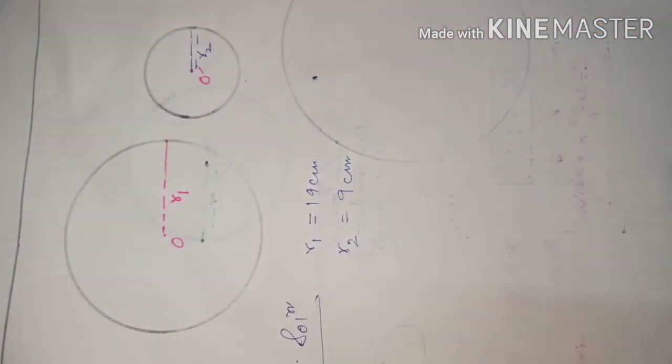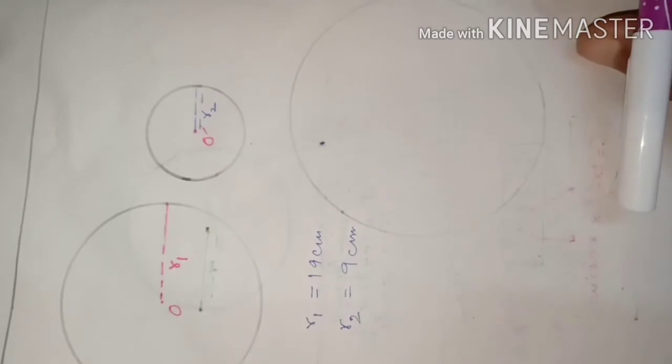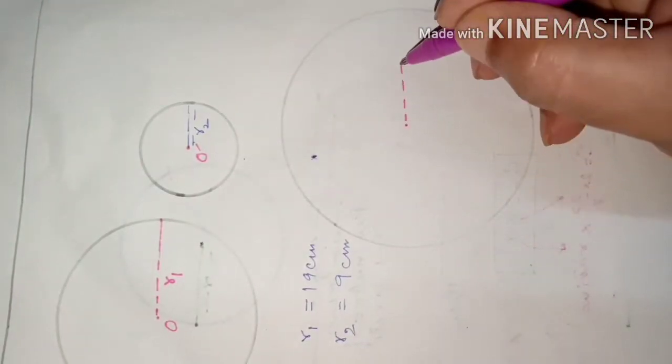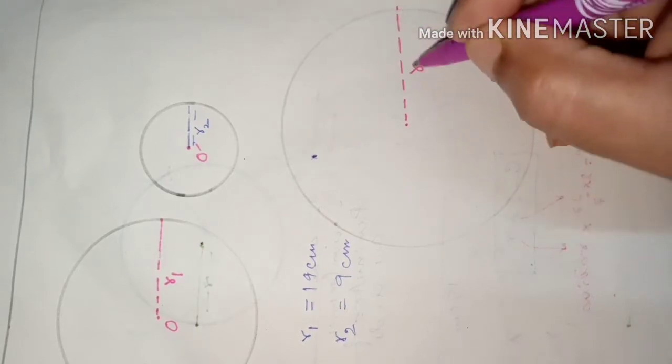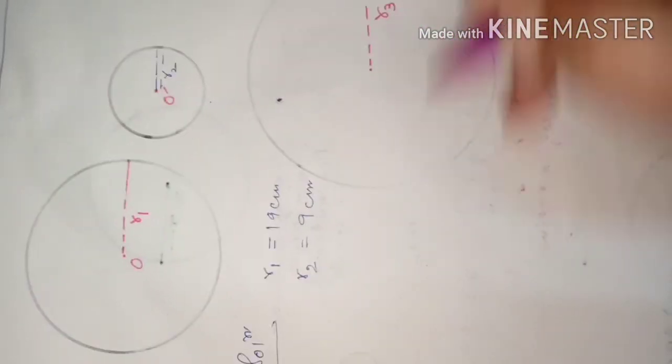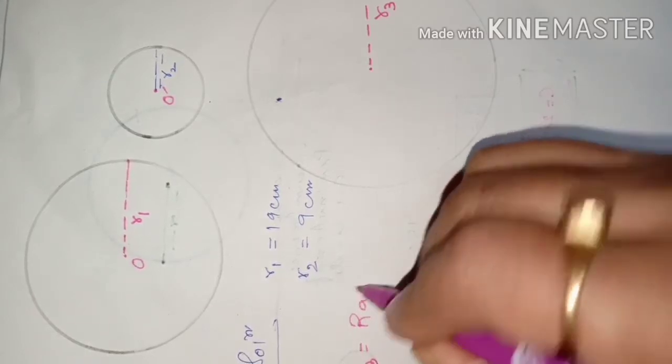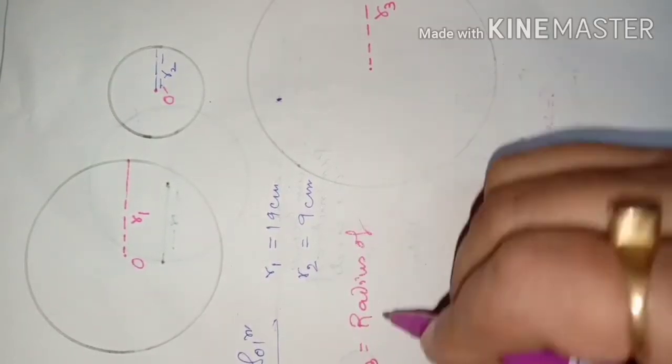Its radius is not known. We will say the radius of this third circle is R3. R3 is the radius of the third circle.